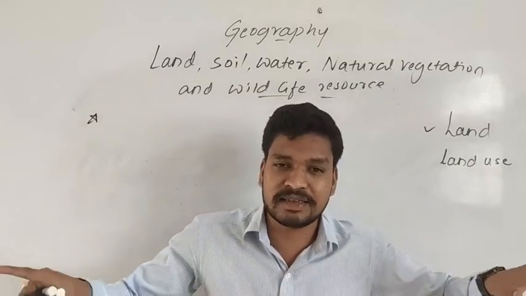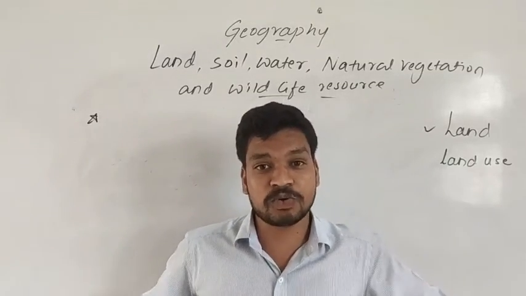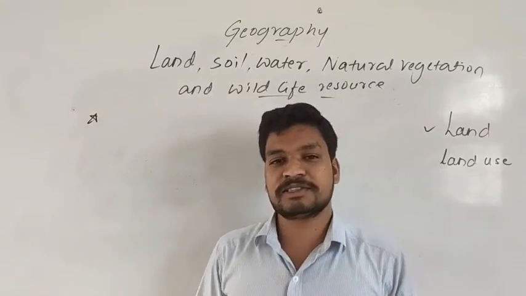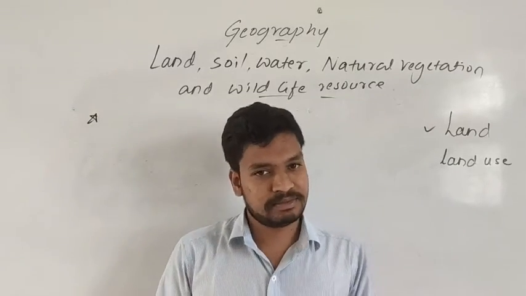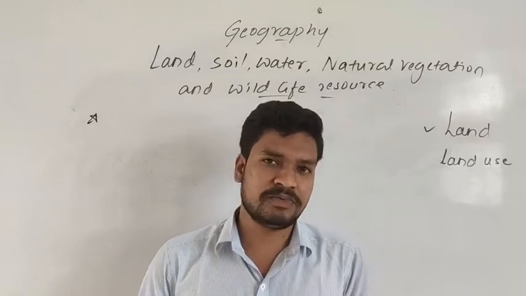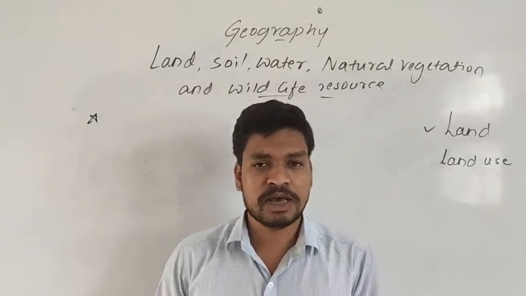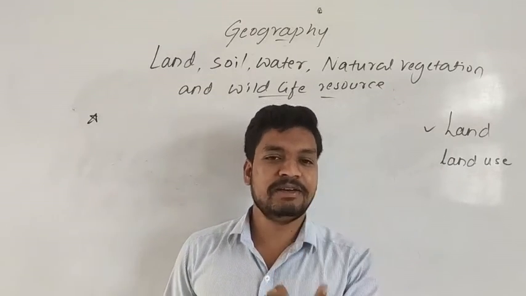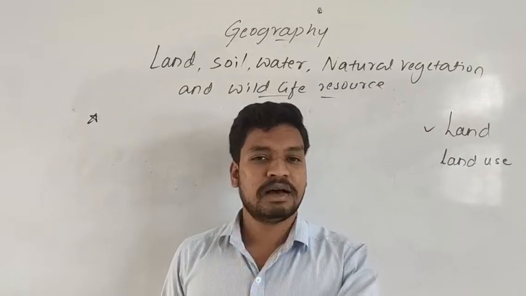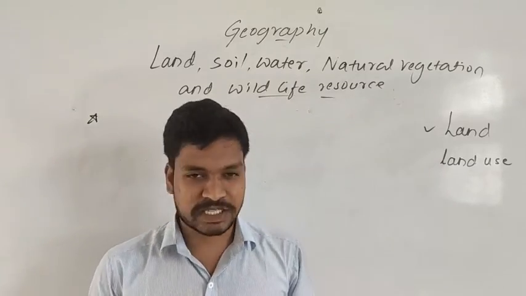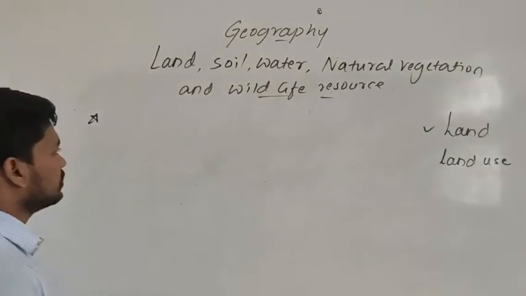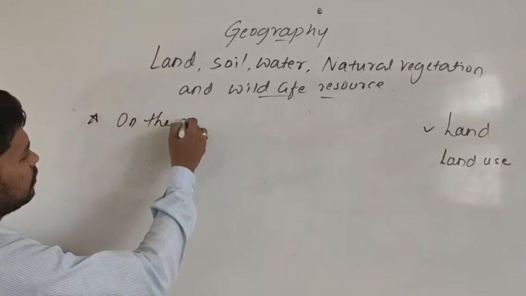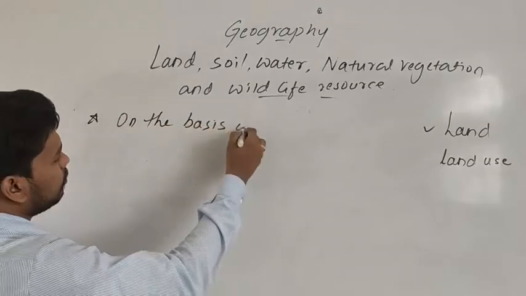Almost every land resource belongs to humans, but in different ways. It is classified into four, but we have two important classifications: individual resource and community resource. These are the two classifications. Then land on the basis of ownership.